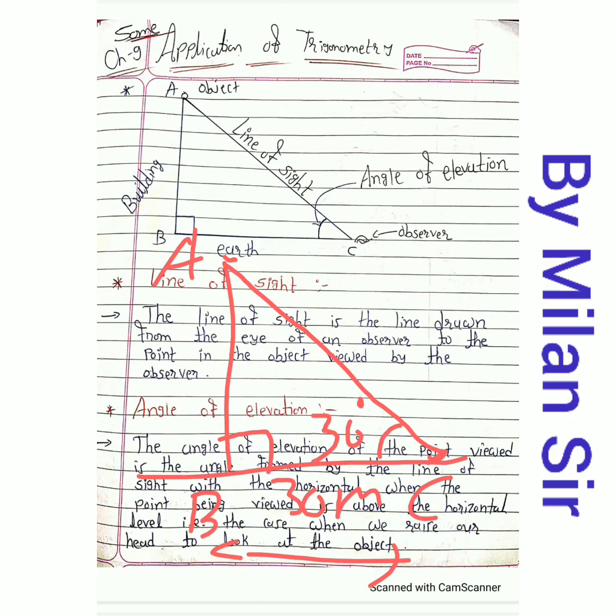So we know the angle, and we know the distance between that object and that person. So we can find the height of that building, or red house, whatever is given. In such types of situations we can use the trigonometry concept.